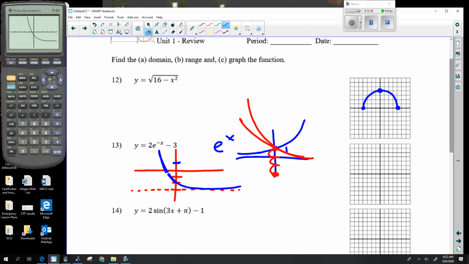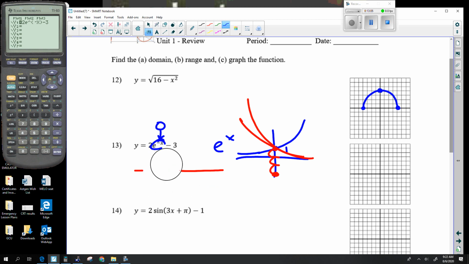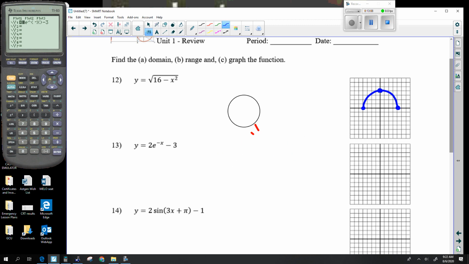I'm just thinking here. Give me a moment to think. I guess I technically know. If I put in a 0 for x, e to the 0 is 1. 2 times 1 is 2. 2 minus 3 is negative 1. Okay, my bad. Not a big deal.